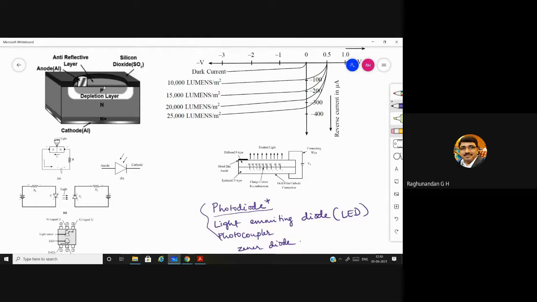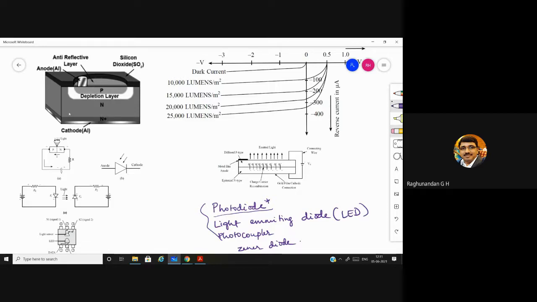Between the P layer and N layer, we have a depletion layer. Why is this depletion layer so wide? Because this diode will always be connected in reverse bias condition. So obviously the depletion region will be wide.